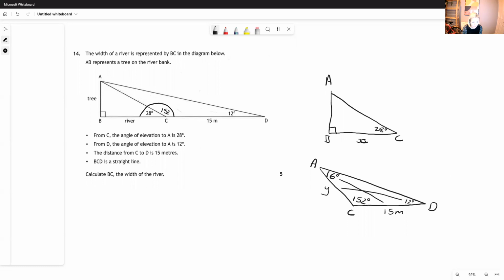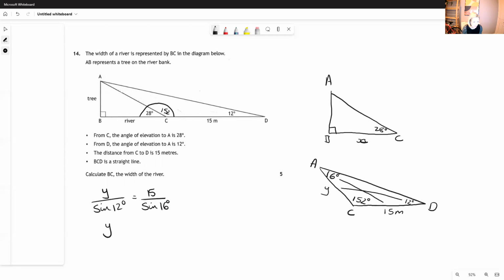So I'm trying to find Y, it's a side, so it's going to be Y over sine of the angle across from it, which is 12, equals the other side, 15, over sine of the angle across from it, which is sine 16.